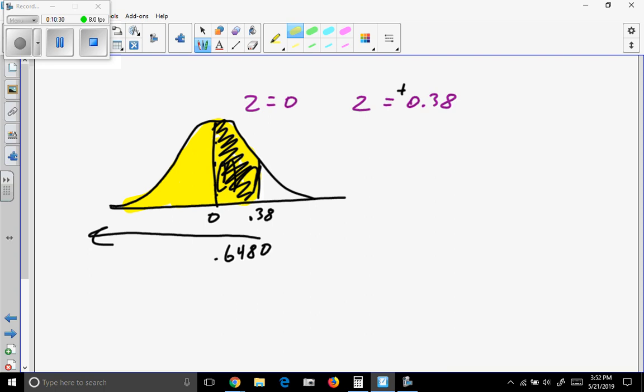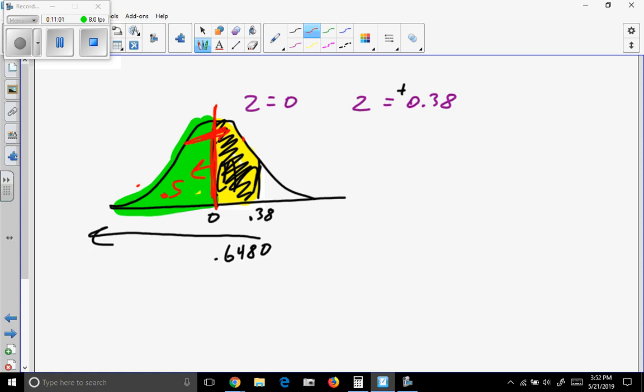But again, that includes stuff that we don't want. We do not want to include this part. Notice that this bell curve is symmetric, and the line of symmetry is in the middle. Half of the area is to the left, half of the area is to the right. So the area to the left of the middle, that whole area is 0.5. That's what we were wanting to get rid of.